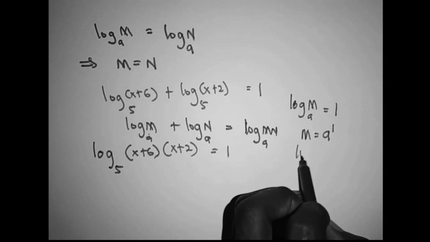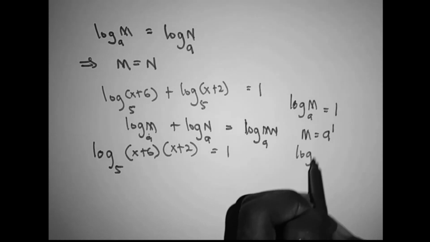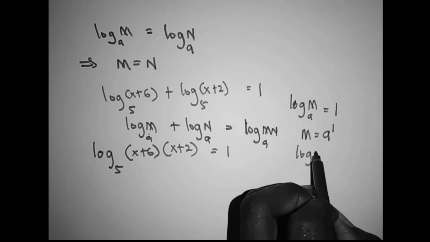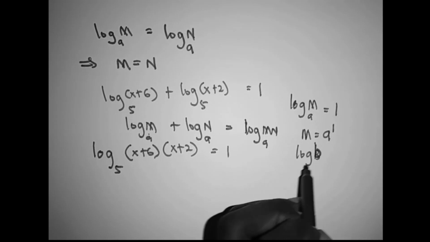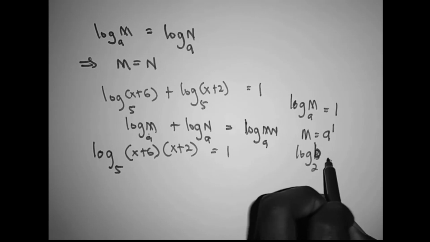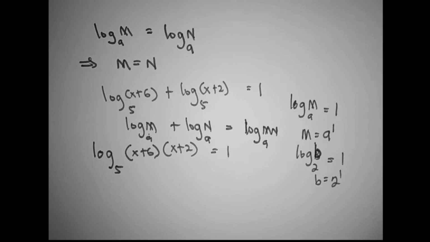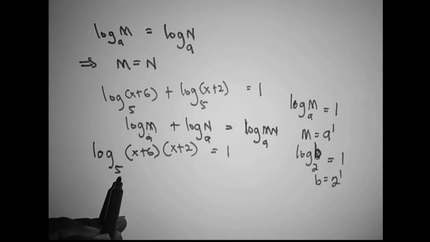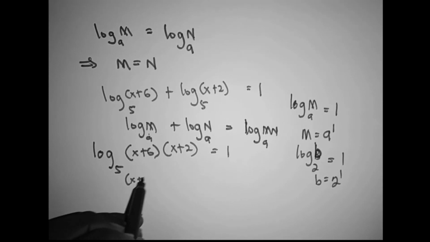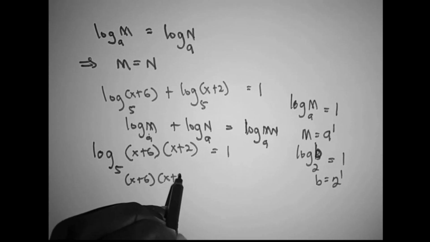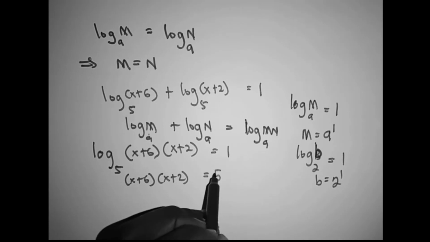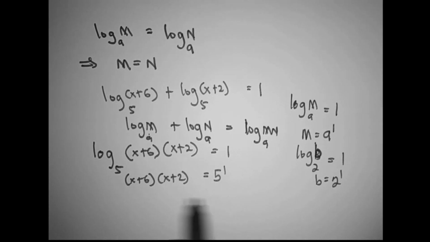It's the same thing if we have log b base 2 equals 1, then it implies that b is equal to 2 exponent 1. So it's the same thing here. So this implies that (x + 6)(x + 2) is equal to 5 exponent 1. So let's go ahead and expand and look for the values of x.